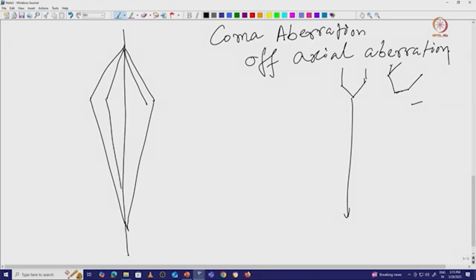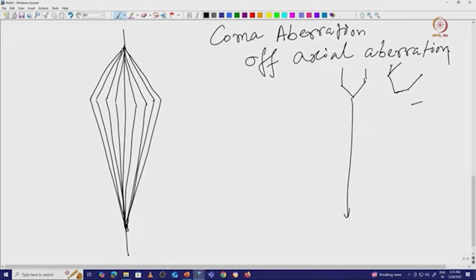Now the rays will come and merge here, right? So this is the perfect scenario where rays are coming like this and giving us an image, and our point source, our sample and our image, everything is on the axis.